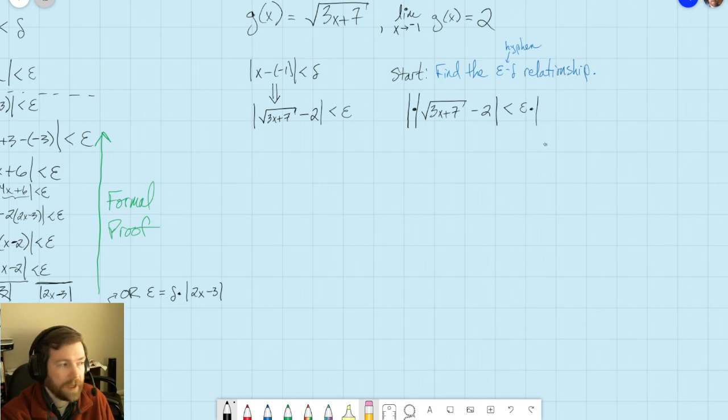So multiply by the absolute value of the conjugate of this thing. So the conjugate is the square root of 3x plus 7 plus 2.